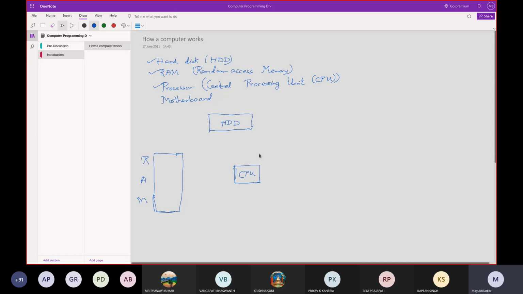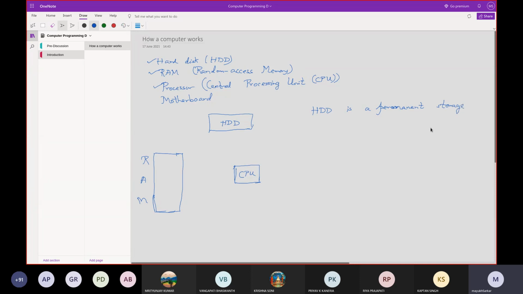Okay, now hard disk is a permanent storage.